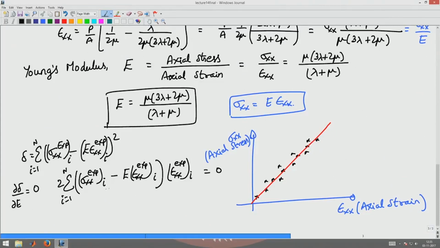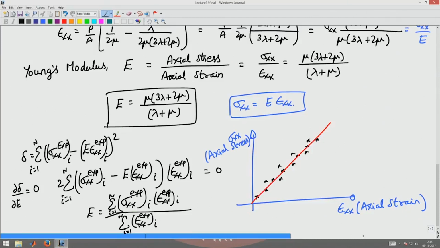From here, this is a linear equation in E, I will solve this linear equation to get E as summation of epsilon xx exp i into sigma xx exp i divided by summation of epsilon xx exp i squared, both sums over i equal to 1 to n.